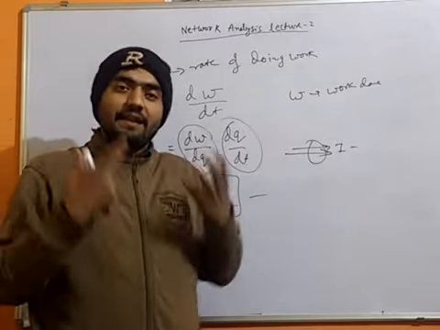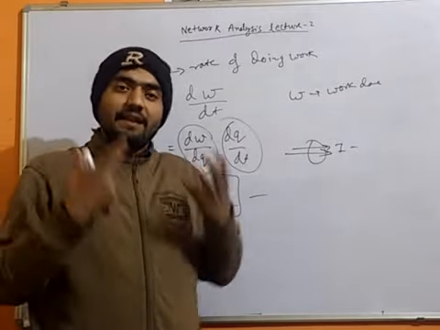Now in this circuit, from a voltage source we know that current comes out from the positive side if it is supplying power. Here we can see that at the positive side the current is entering, so it will be considered as absorbing power.